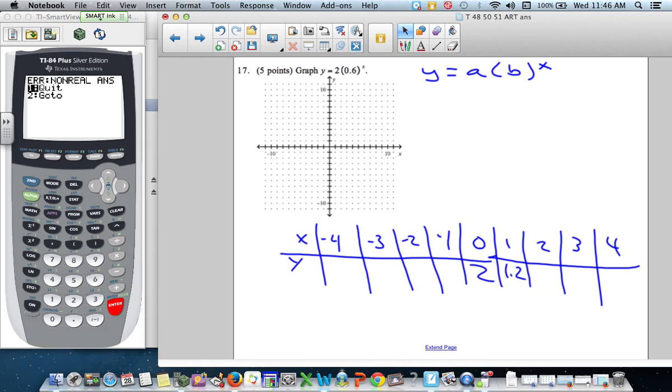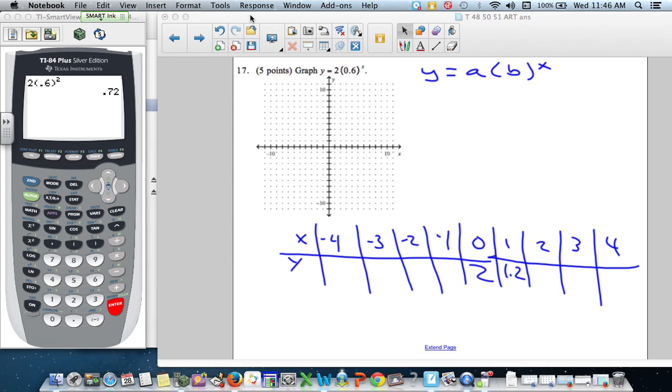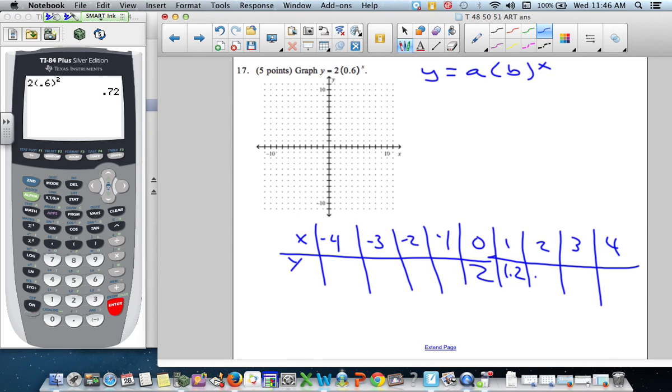If I want to get the next one, I could do 2 times 0.6 squared. So I get 0.72. What's going to happen as I continue going this way is they're going to get closer and closer to what? 0.